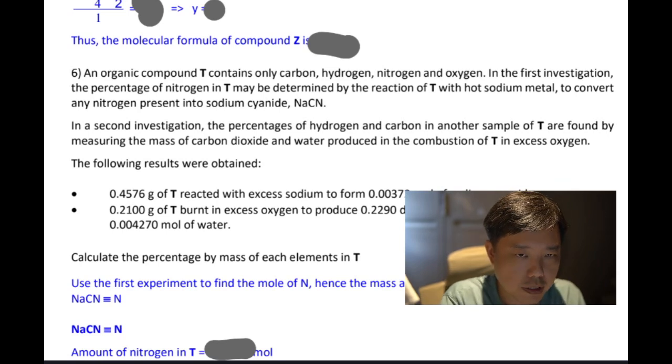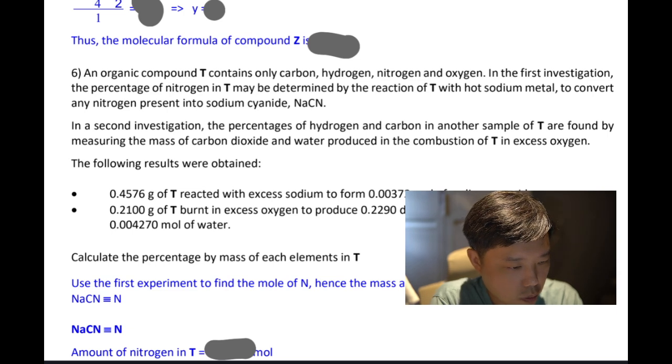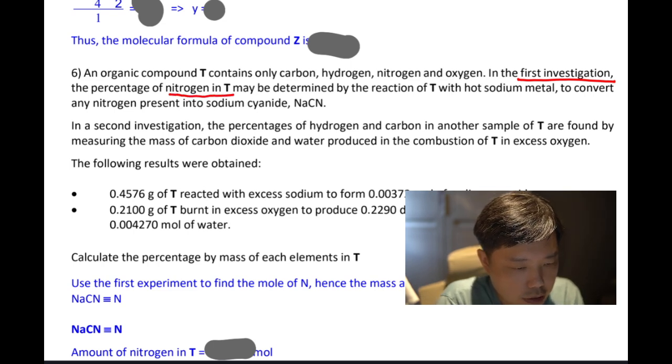The combustion question: you have an organic compound T containing only carbon, hydrogen, nitrogen, and oxygen, only 4 elements. In the first investigation, so we have 2 investigations in total, the percentage of nitrogen in T may be determined by the reaction of T with hot sodium metal, to convert any nitrogen to sodium cyanide, CN.